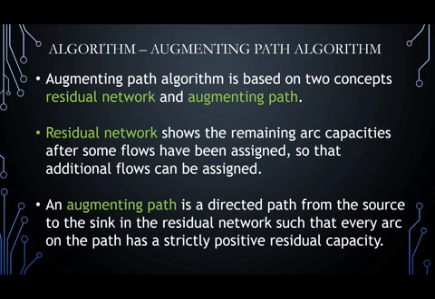The residual network shows the remaining arc capacities after some flows have been assigned, so that additional flows can be assigned.